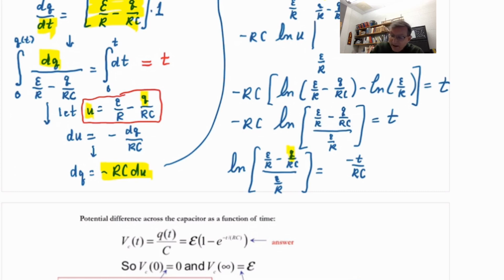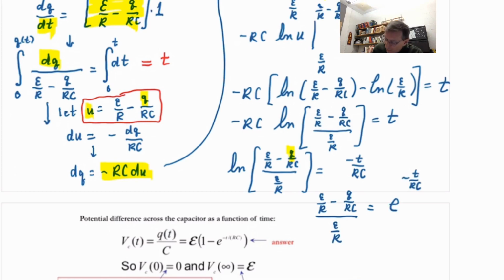So to get that, I got to get rid of the logarithm. Well, the inverse of the logarithm is the exponential. So I take the exponential of both sides. And this left-hand side just becomes E over R minus Q over RC all over E over R. And now here on the right, I have e to the minus t over RC.